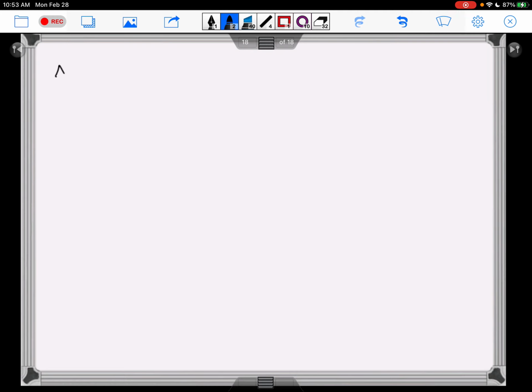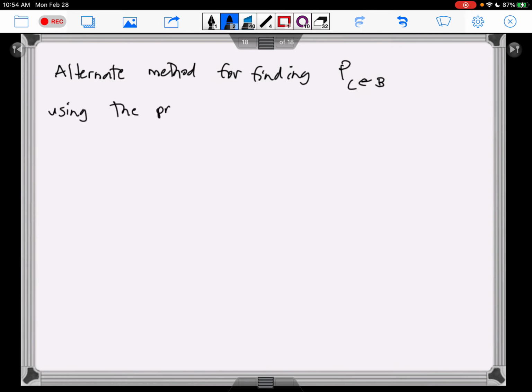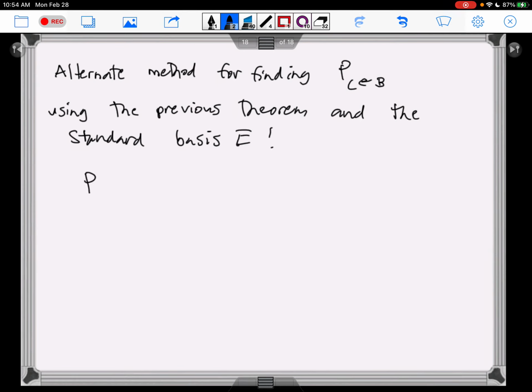So an alternate method for finding a change of basis matrix is using the previous theorem and the standard basis E. In other words, isn't it true that I can just introduce E as an intermediary step?